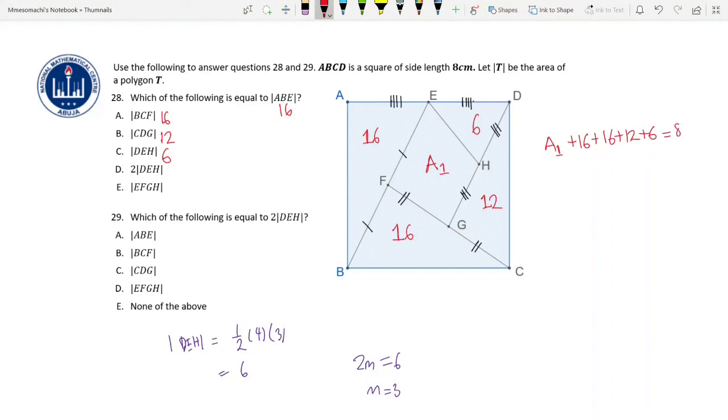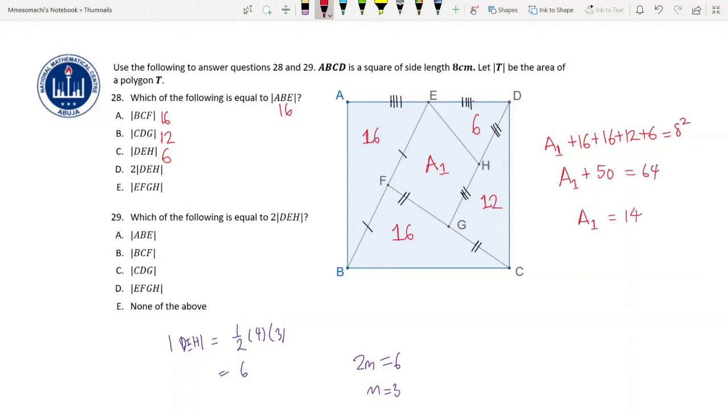That is 8 squared. So I have A1. 16 plus 16, that's 32. 32 plus 12, that is 44. 44 plus 6, that is 50. So equals 64. So I have A1 is equal to 14.